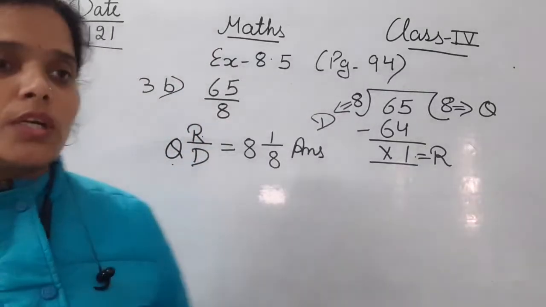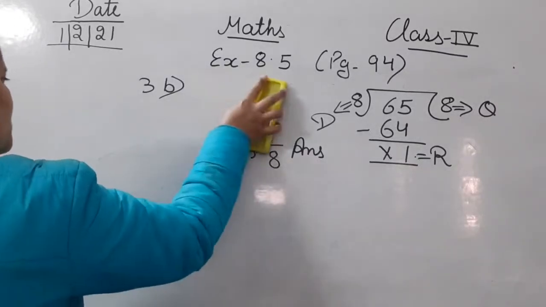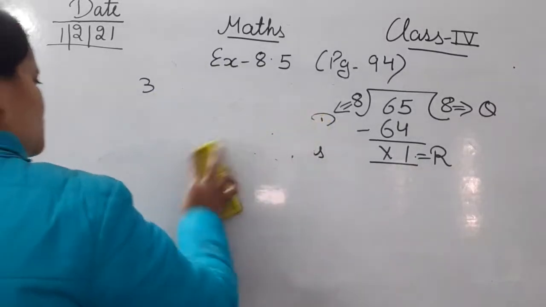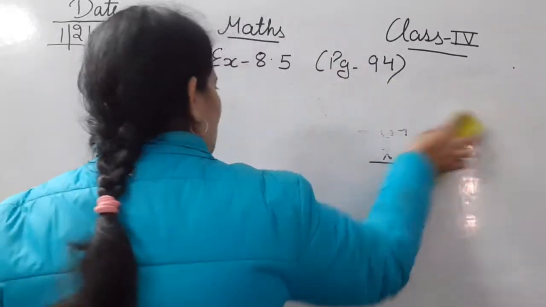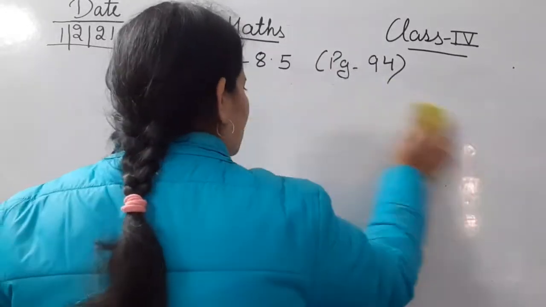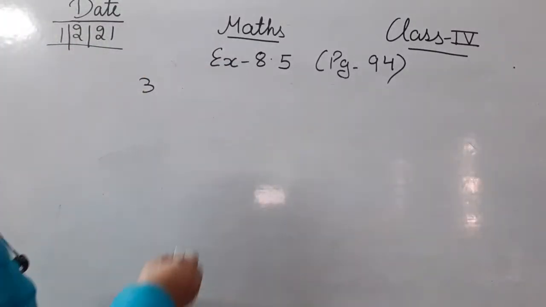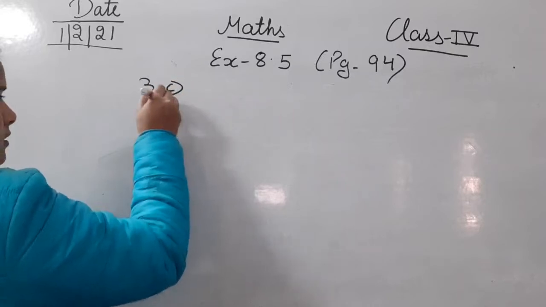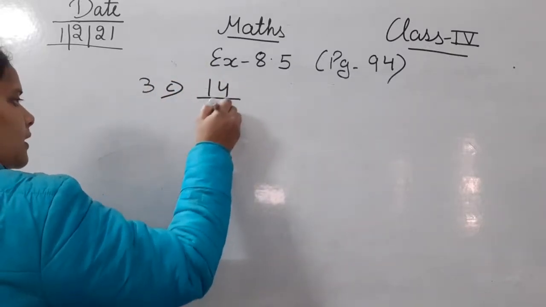Now we have to convert 14 upon 10 into a mixed fraction. Okay, so let's convert 14 upon 10 into a mixed fraction once again. That is C, that is 14 upon 10.